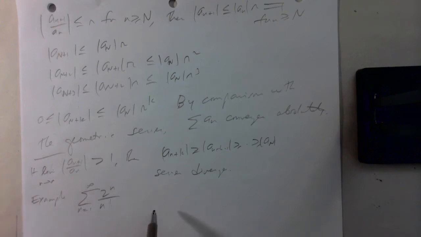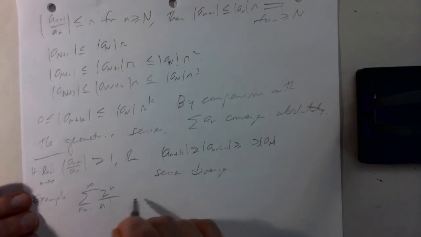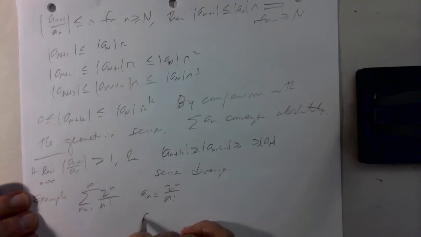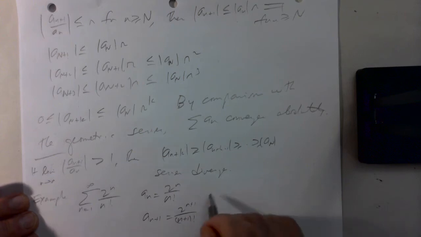Well, what's the ratio of successive terms? So an is 2 to the n over n factorial. An plus 1 is 2 to the n plus 1 over n plus 1 factorial.